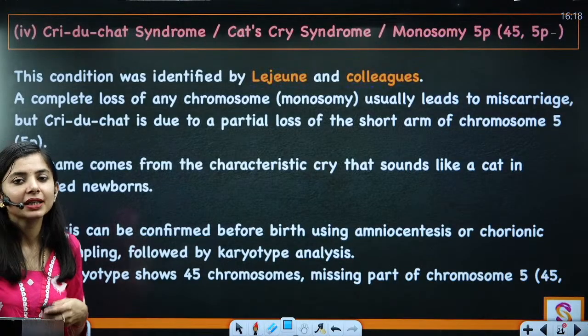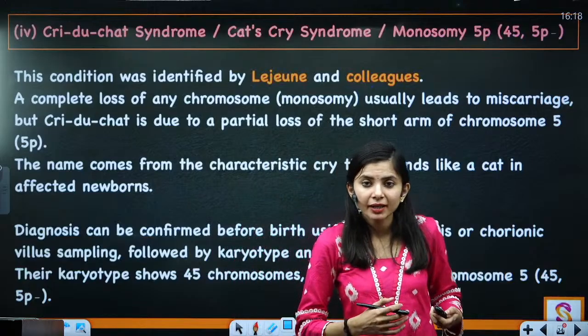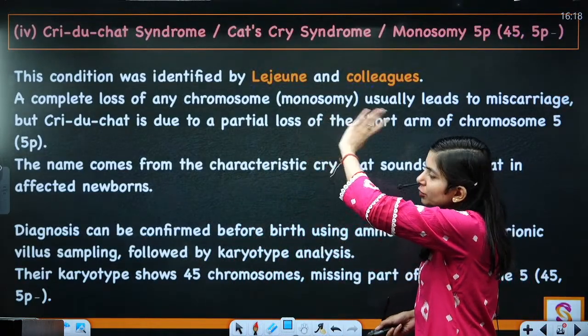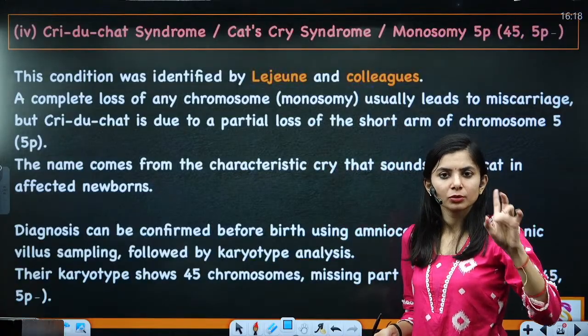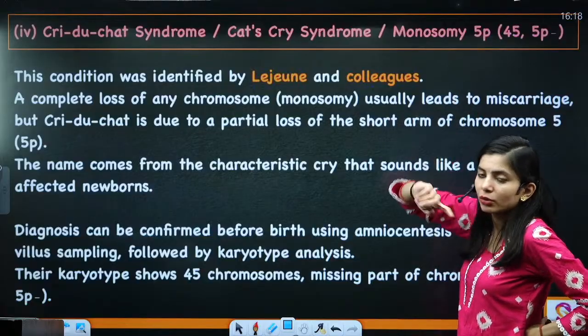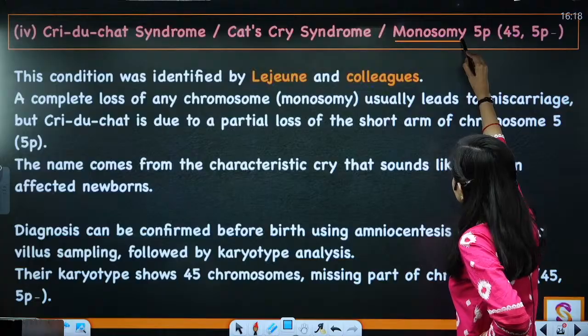You can remember cry, when we cry when we don't have something that we require. That's how you will remember it. In cri-du-chat syndrome, the 5th chromosome has one single chromosome. That's why it is not specified as trisomy, but as monosomy.